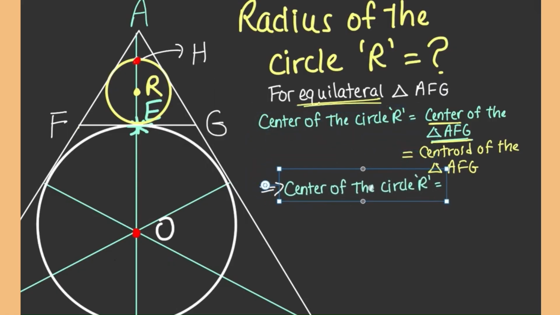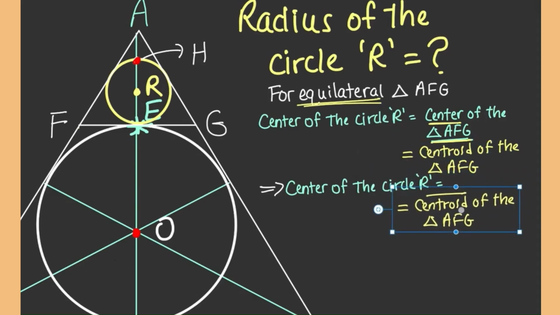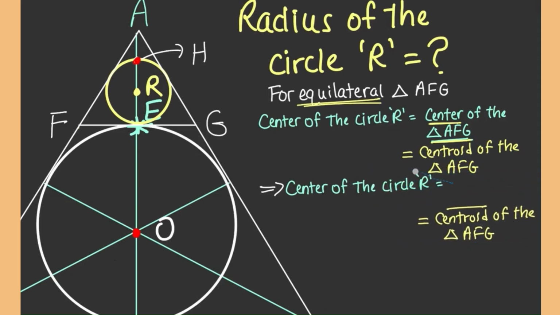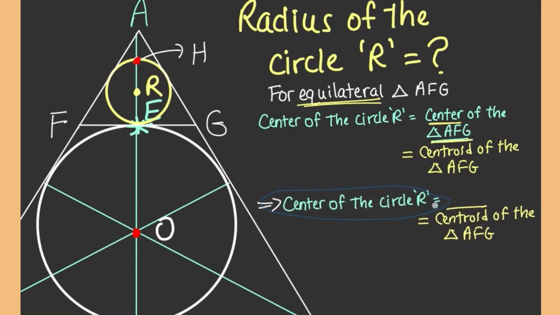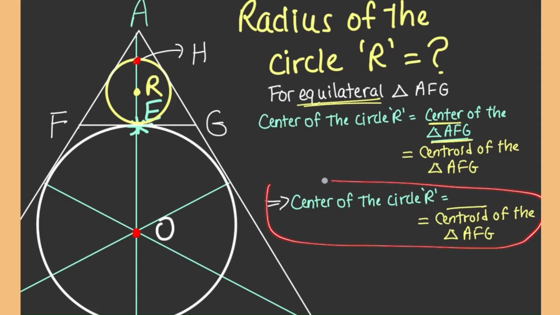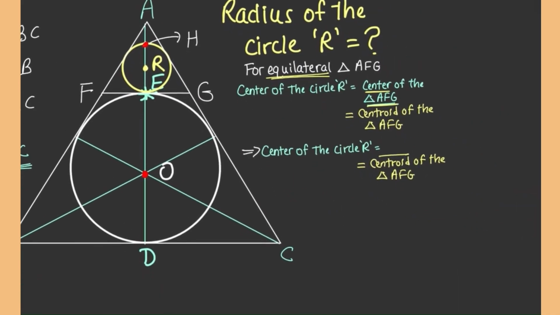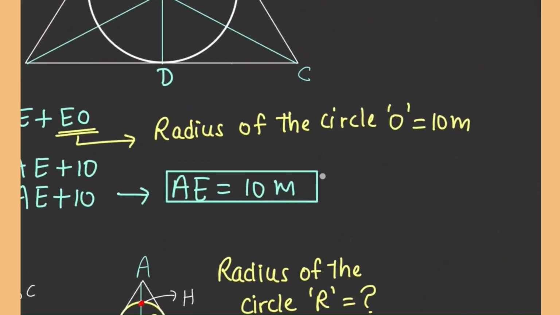So from here, what we get is this: the center of the circle R is equal to the centroid of the triangle AFG. Let's make a copy of this and scoot it a bit down here. We're going to make use of this to solve for the radius of the circle R. We know that the distance from A to E is equal to 10 meters, because we have already solved for it.